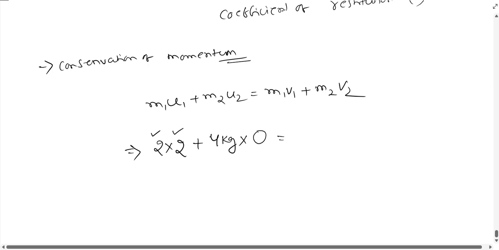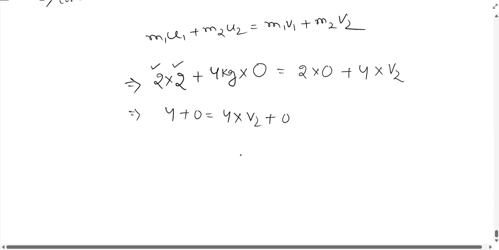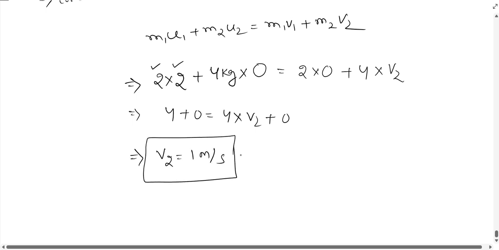Then m1 is also 2 kg, but the final velocity of ball 1 is 0 because after impact ball 1 comes to rest. Ball 2 is 4 kg and v2 we have to calculate. So we will get 4 plus 0 equal to 4 into v2 plus 0. That means v2 equals 1 meter per second.